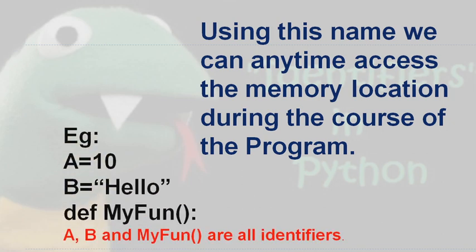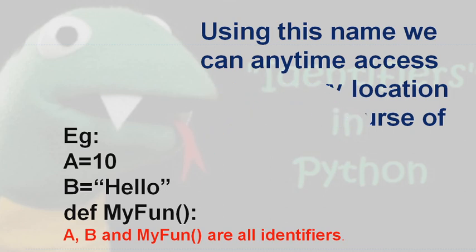For example, here are some statements in Python. A equals 10. Here A is the name of the memory and 10 is the value stored inside that location. If we want to use this value 10, then we can simply refer to A. B equals hello, def my_fun. So here A, B and my_fun, these three are identifiers.